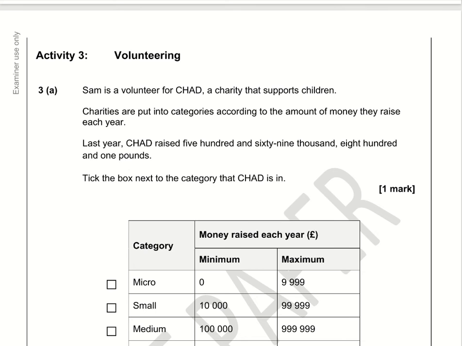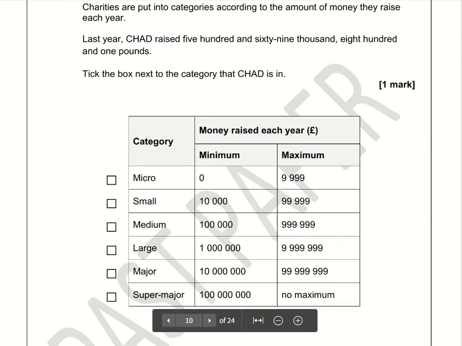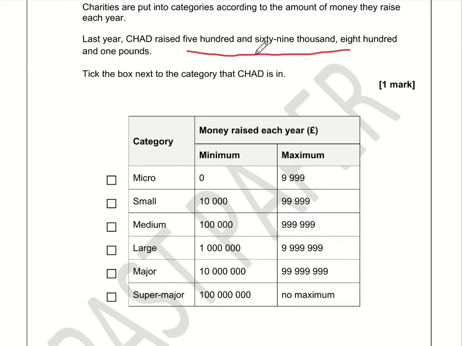Okay, for question 3a, the key thing is we need to put this number here into words. So we need to remember that words like 1,000 are often represented by commas. So usually it's just a case of writing down or reading 3-digit numbers and then saying words like 1,000, million, billion, etc. I'll show you what I mean.